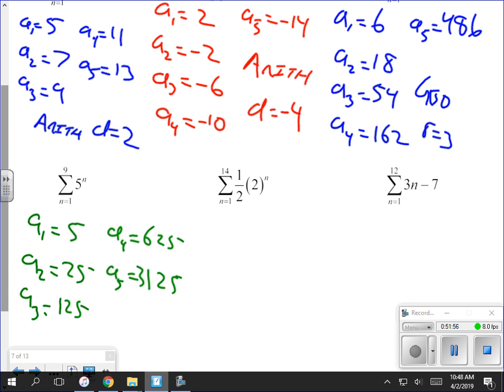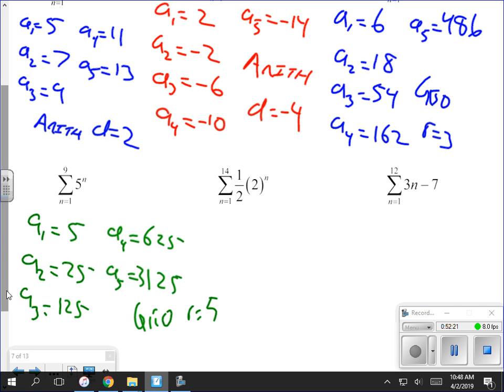And this one would be a what? Geometric or arithmetic? It'd be geometric. And R is 5, because I have 5 to some power. Now, without generating the numbers, if I look at this one here, 1/2 times 2 to the nth power.